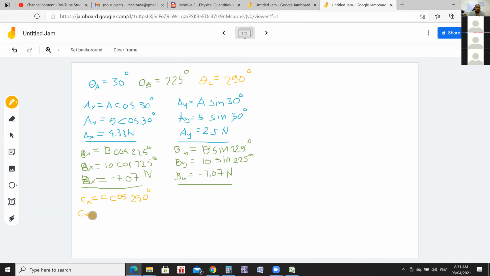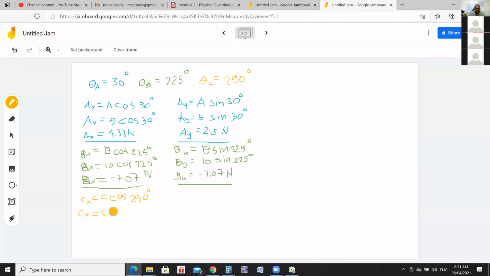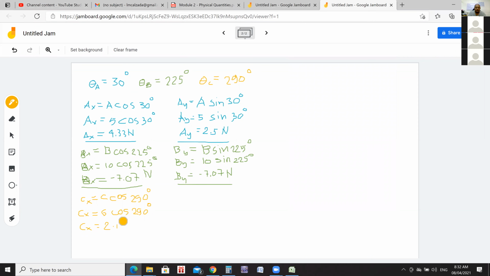Cx is equals to 6 times cosine of 290 degrees. Or Cx is equals to, using the calculator, 290 cosine times 6, answer 2.05 Newton.